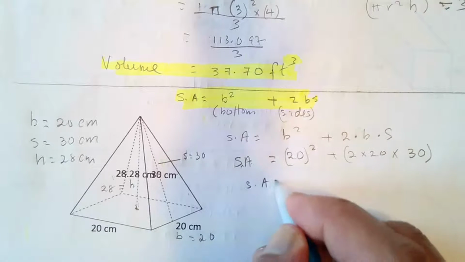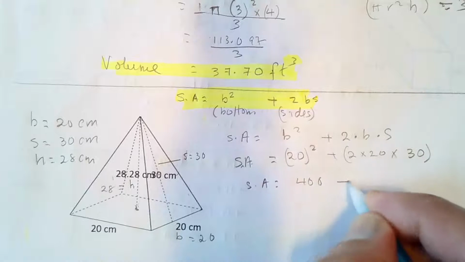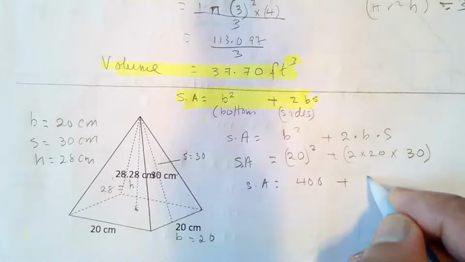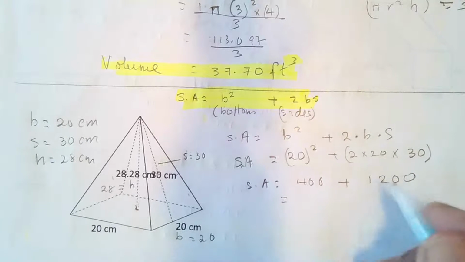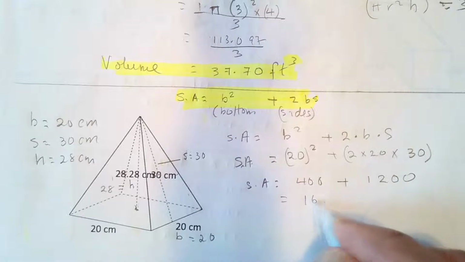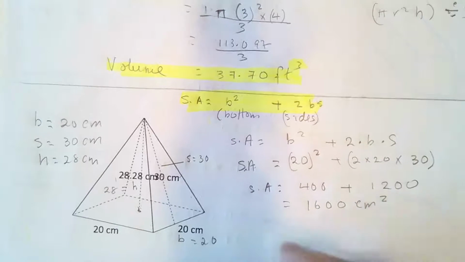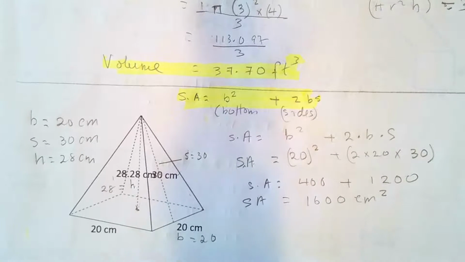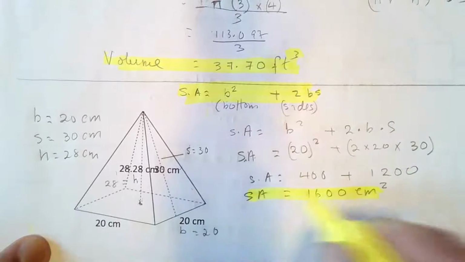So surface area. 20 squared is 400. Plus 2 times 20 times 30 will give me what? 1,200. Add the 400, we have 1,600 centimeters squared. So surface area is 1,600 centimeters squared.